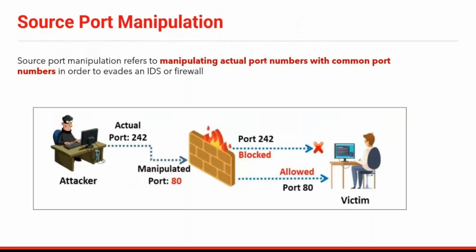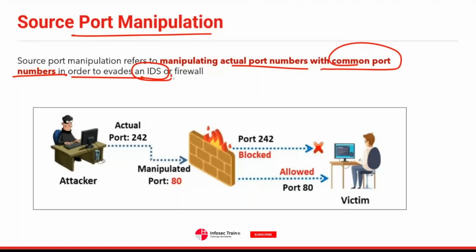We have different types of techniques to evade as well, and questions can come in this also. One such technique is source port manipulation. Source port manipulation here refers to manipulating the actual port with common port numbers in order to evade the IDS and the firewall. So I can use this hyphen g option to manipulate the port.